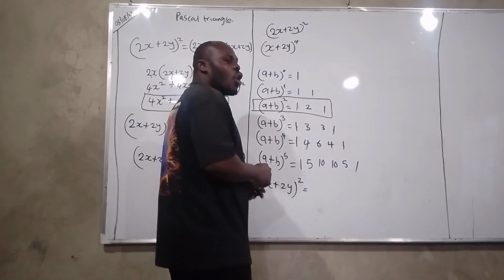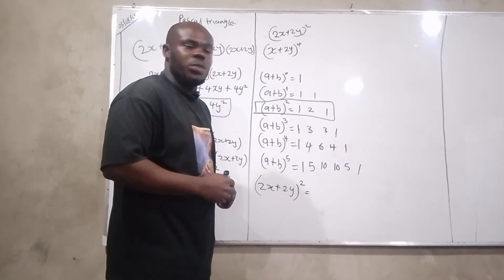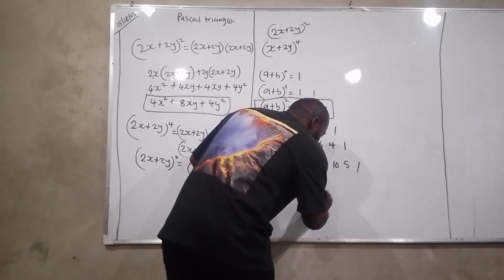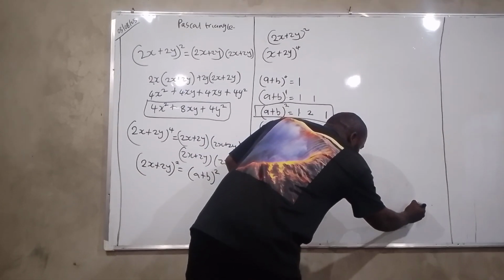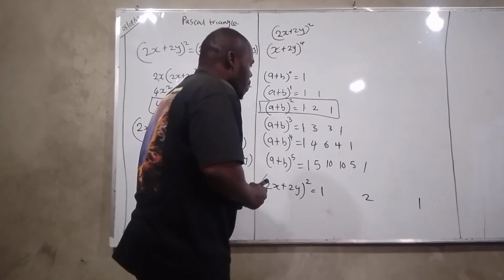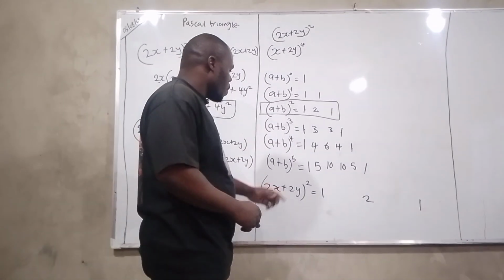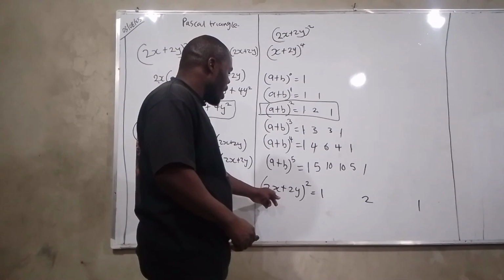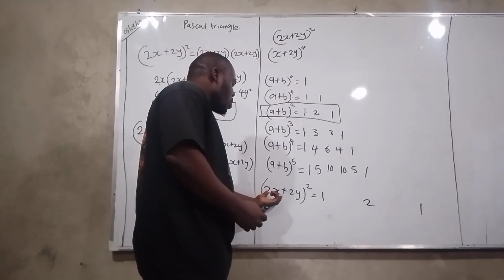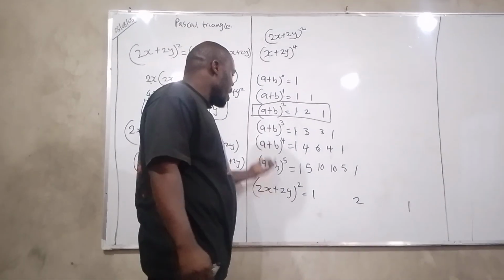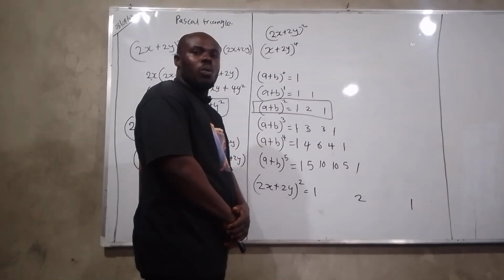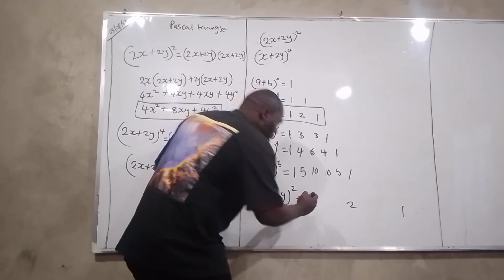In this case, your expansion coefficients become 1, 2, 1. This is our a, and this is our b. We start with our first term, our a, which is 2x, so we place it here.